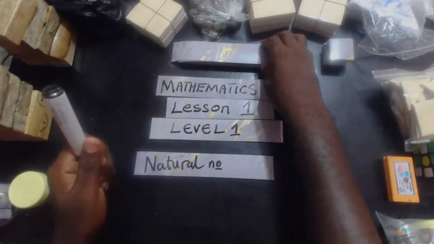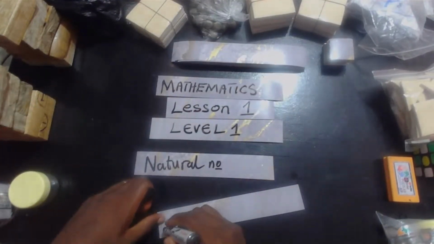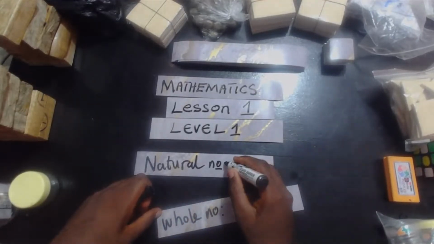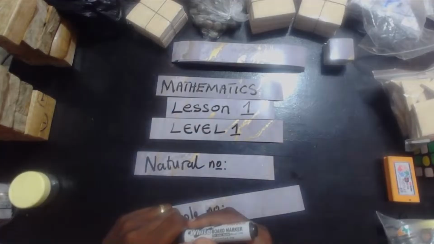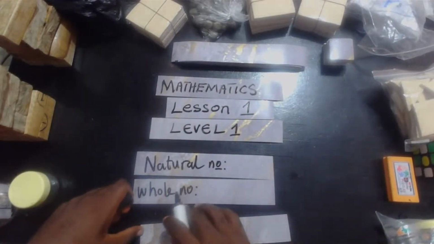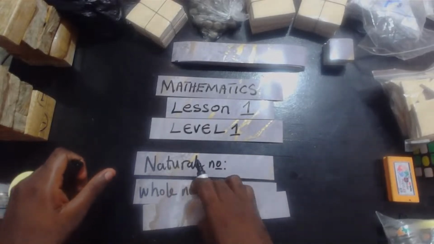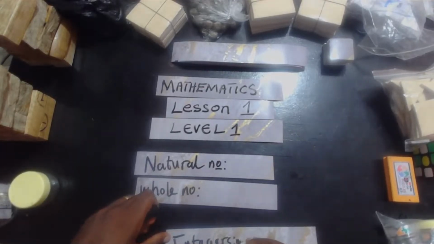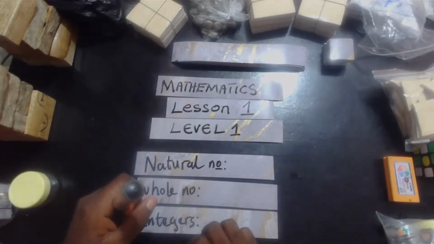We can also look at whole numbers. Now we also have integers. We can also speak of rational numbers.